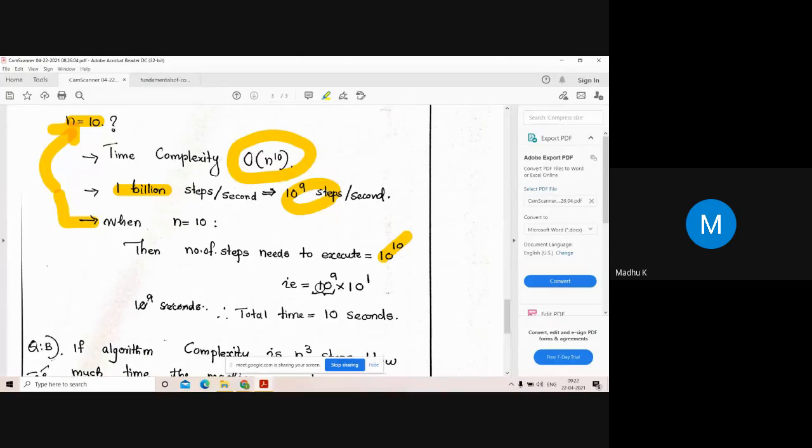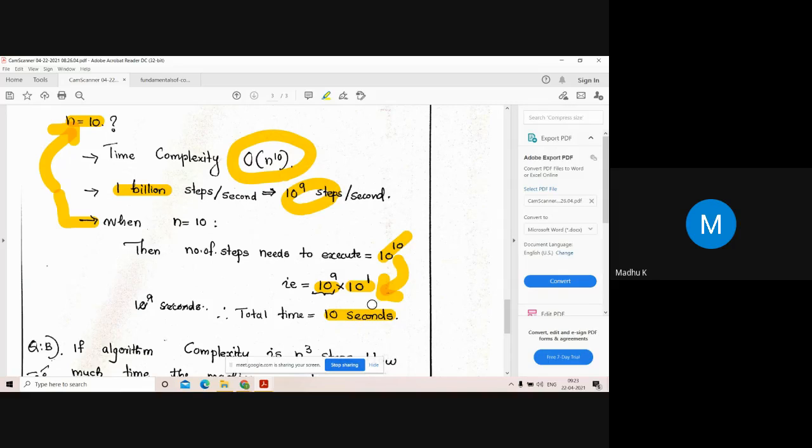We can write this as 10 raised to 9 into 10. For executing 10 raised to 9 steps, how many seconds are needed? The machine does 10 raised to 9 steps per second, so only 1 second is needed. So the total time is 10 seconds.